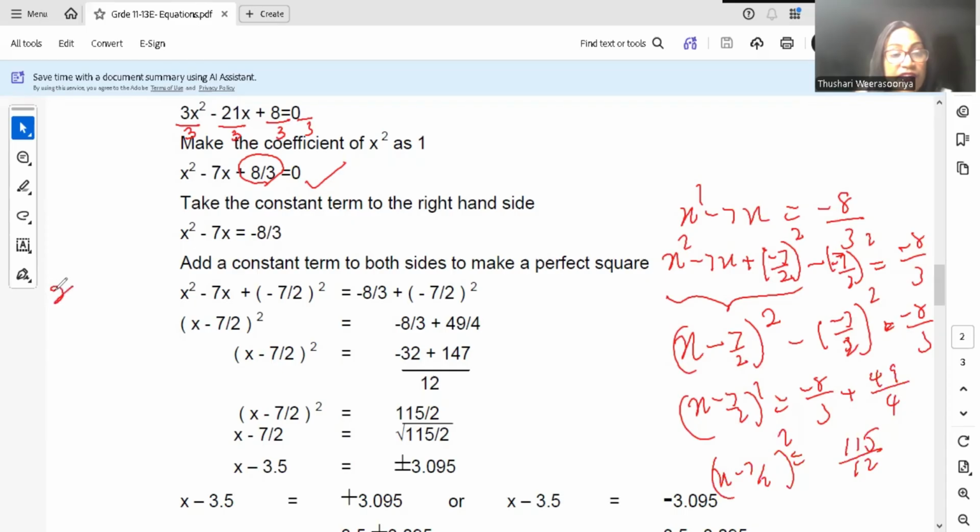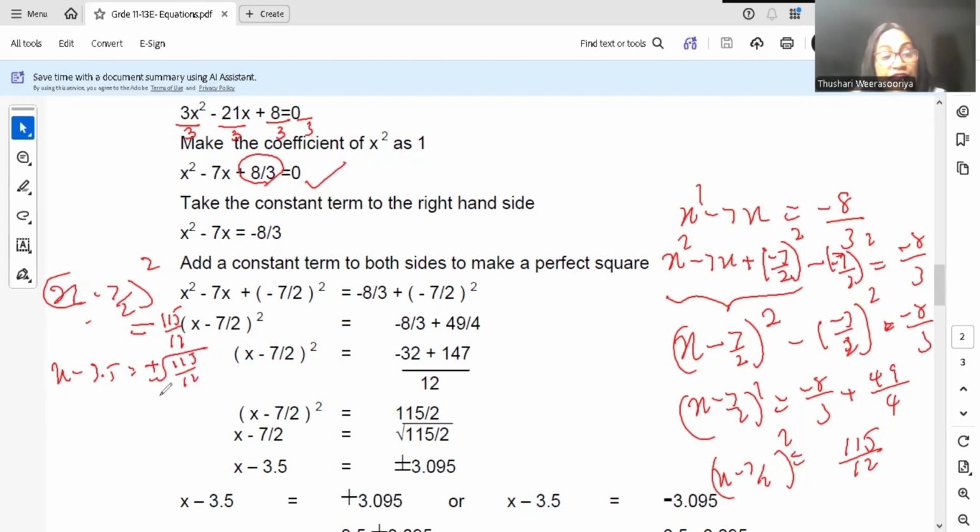Yes. X minus 7 over 2 to the power 2 equals 115 over 12. Then x minus 3.5 equals plus or minus the square root of 115 over 12.